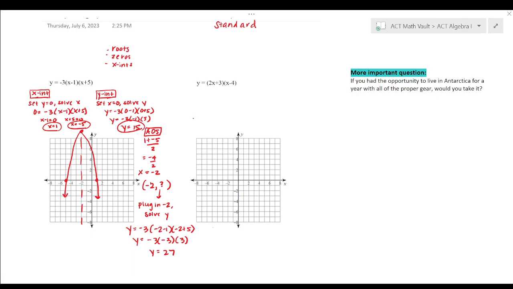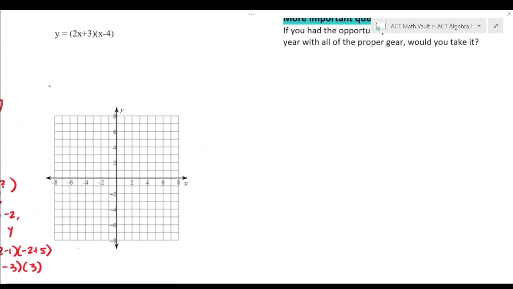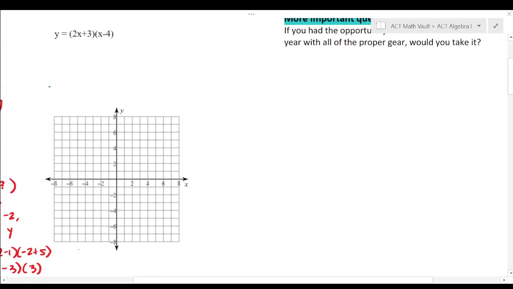Now, in this second problem, when we're trying to find the intercepts, we're going to set 0 equal to both binomials. So I'm going to go 2x plus 3 equals 0, and then x minus 4 equals 0.